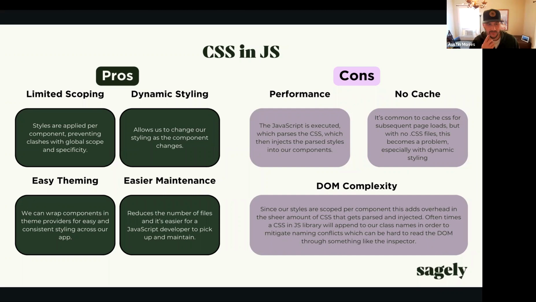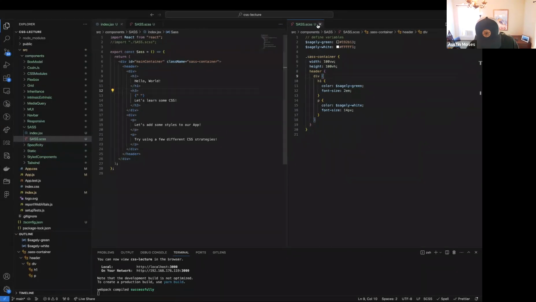CSS and JS, or whatever is compiling this in the background, will append certain IDs to that to solve the scoping and specificity issue. And that's how they differentiate the class from one component to the next. So sometimes if you're in your inspector in the browser and you're trying to find a certain class, all of your classes may look a little funky because they have all of these IDs at the end. And so it can just be harder to read through. So let's look at some CSS and JS.